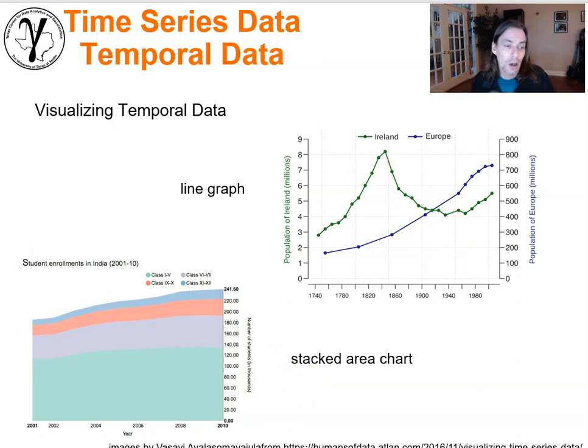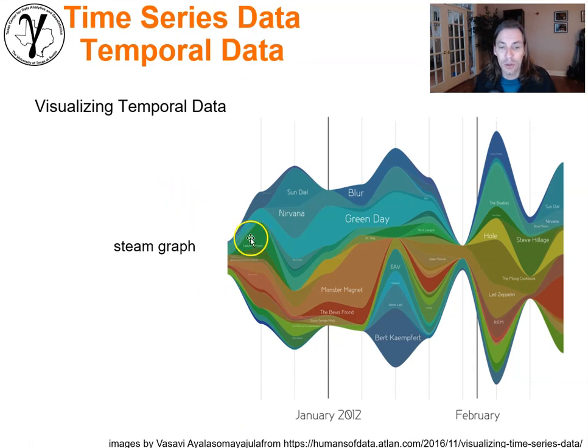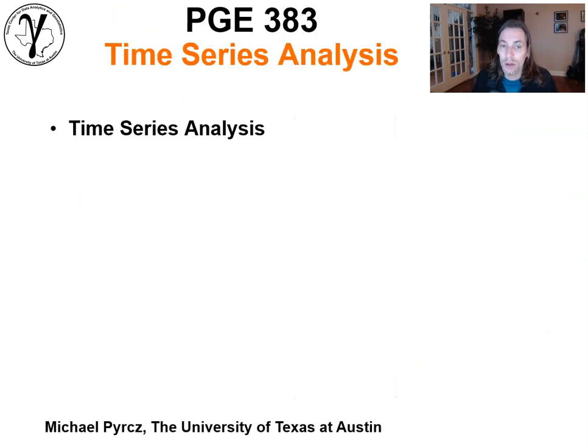And also we commonly use other types of novel ways to visualize over time. The steam graph is actually pretty cool, where you get a sense of the rates of downloads of different types of music, and you can see over time how the volumes or relative proportions are changing over time. So there's many ways that we can visualize and understand time series data.